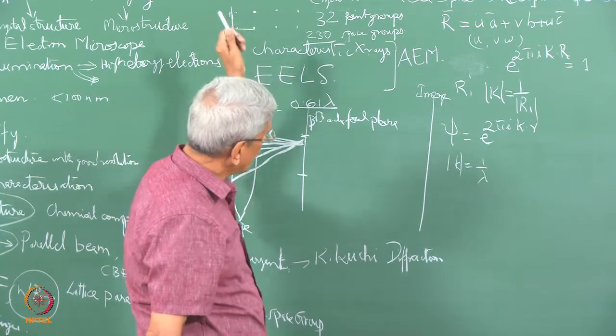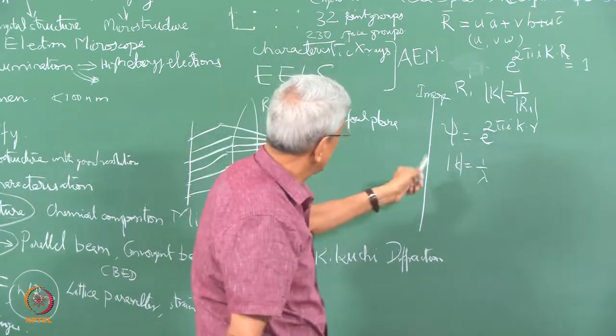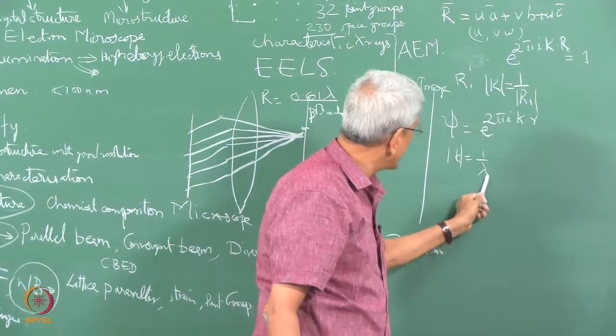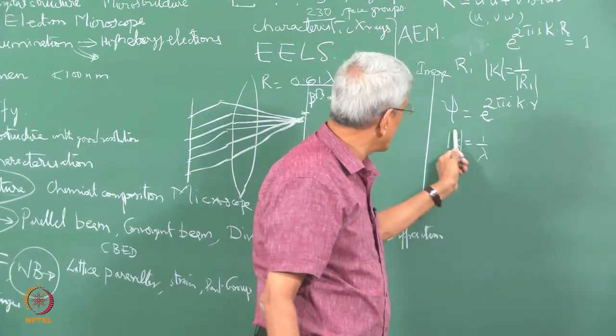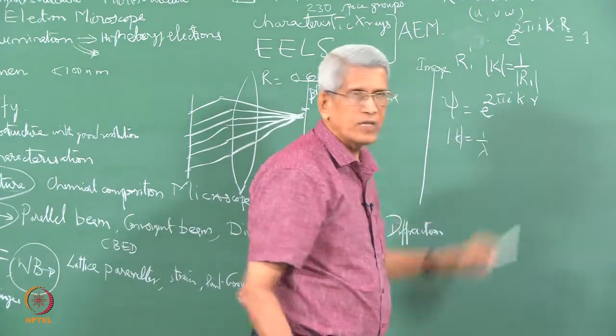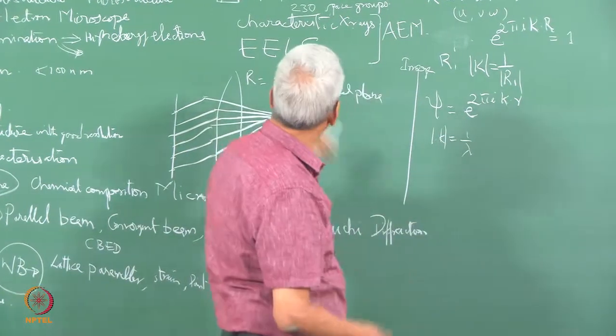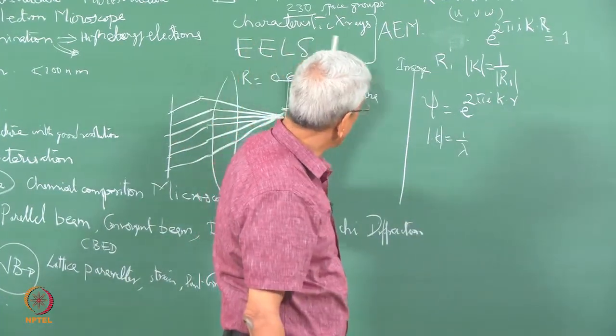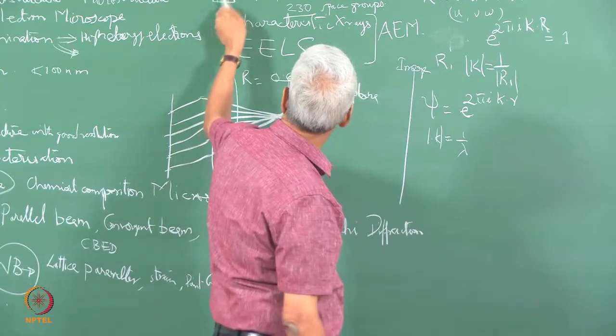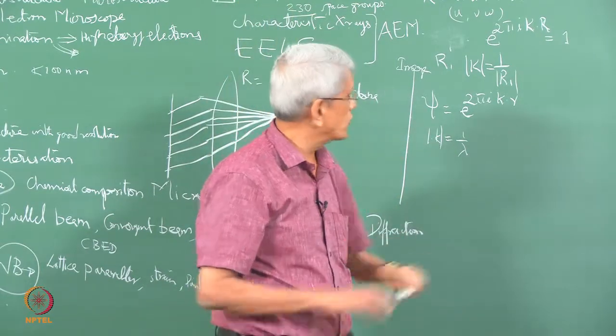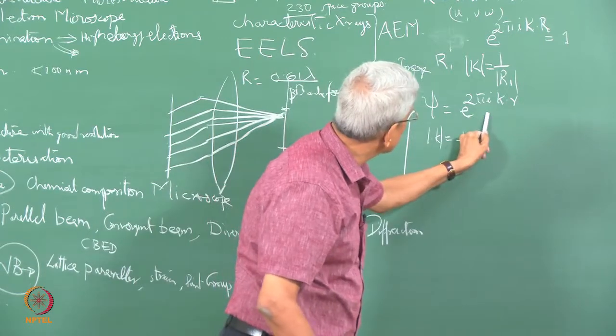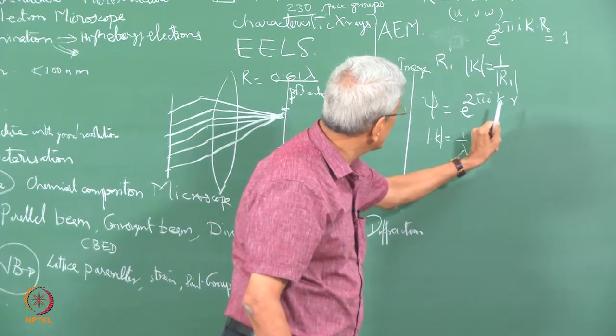In all these cases, the k and the r, the magnitudes are inversely related. And the direction of k is going to be the same as the vector r. So that is essentially what is being given here.